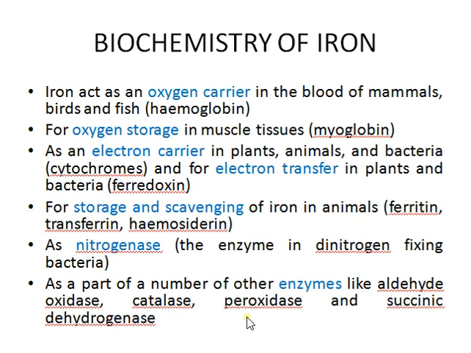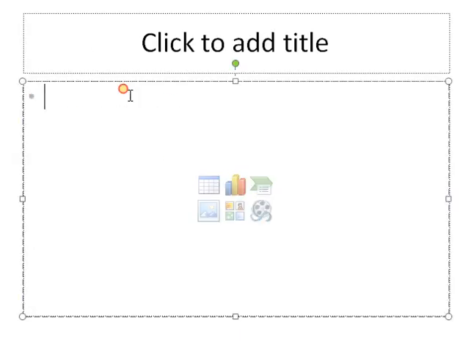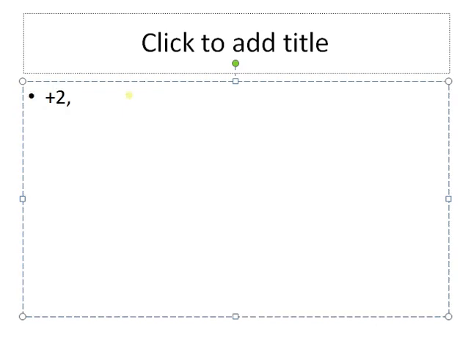And iron has two oxidation states, the +2 oxidation state and the +3 oxidation state.